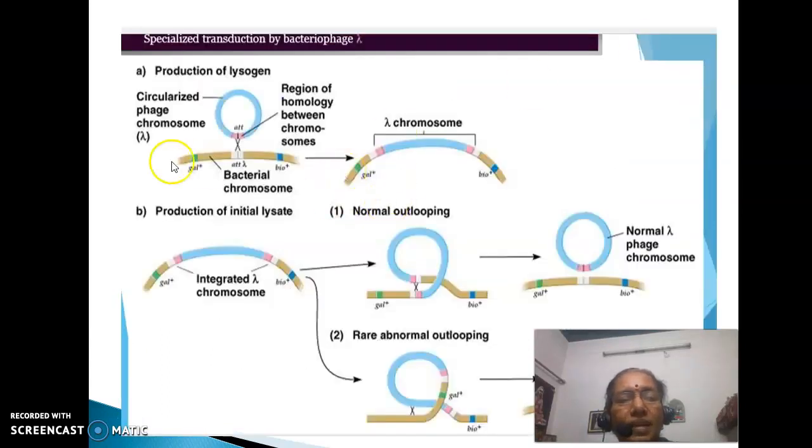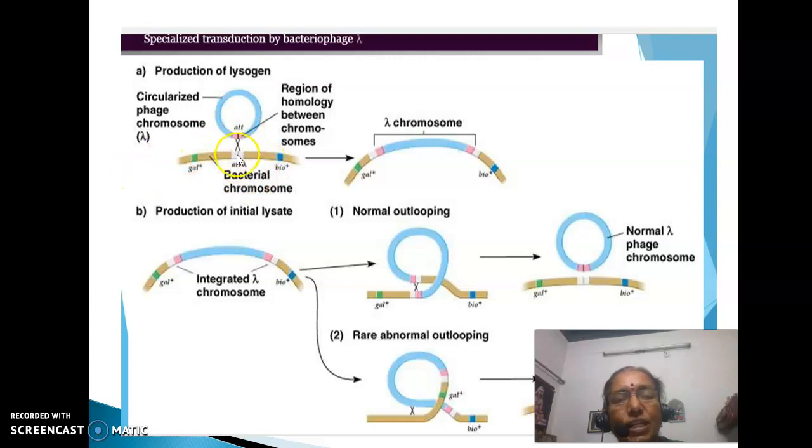So here is the diagram where the blue line symbolically represents the circularized phage chromosome with an ATT site. ATT stands for attachment. Then we have a bacterial chromosome which has an attachment site for integration of the phage, and on either side of this attachment site we have a GAL marker and a biotin marker.